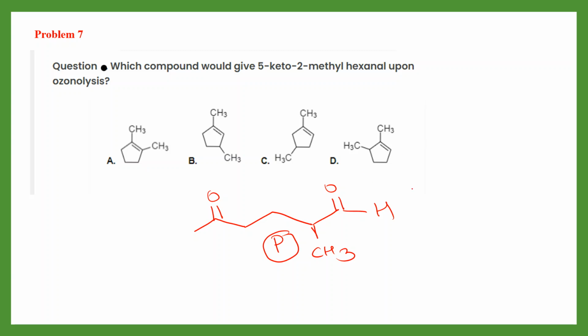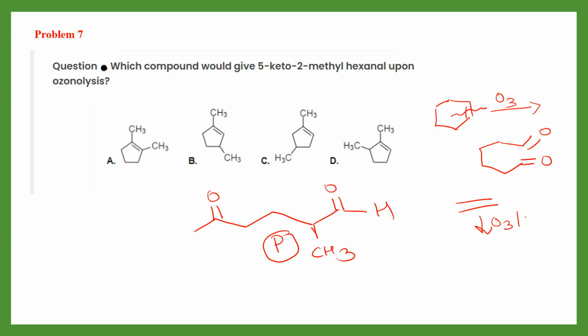Among these four options, whose ozonolysis can give me this product? Can anyone tell me? Before solving, let me tell you: if you have this type of alkene and it undergoes ozonolysis with the ozonolysis reagent, just cleave from between and form these two carbonyls.